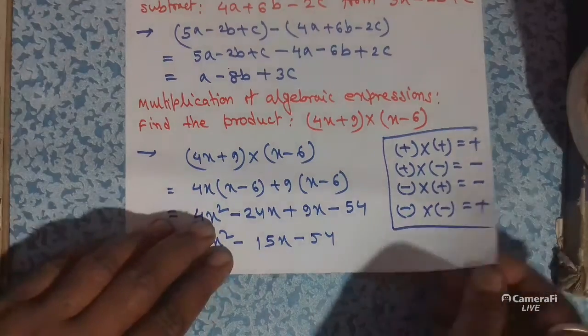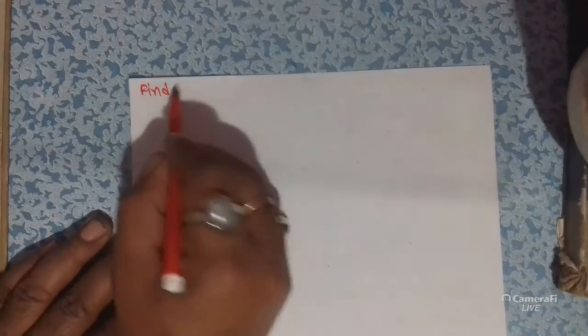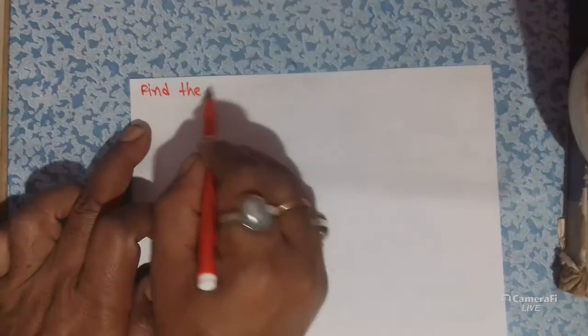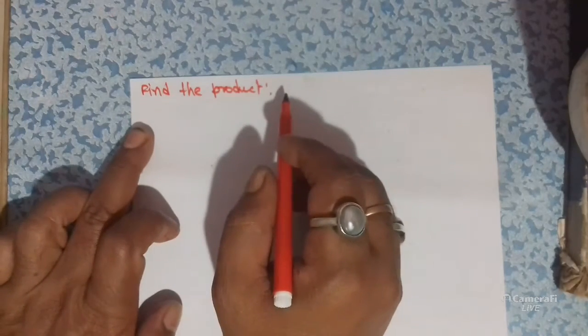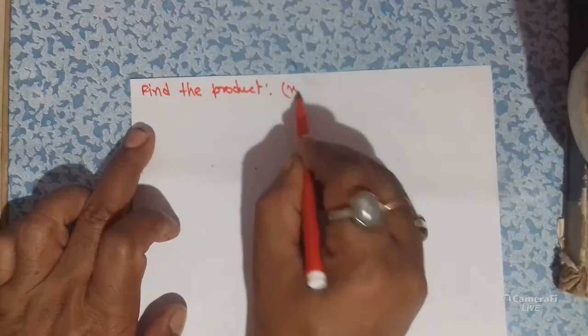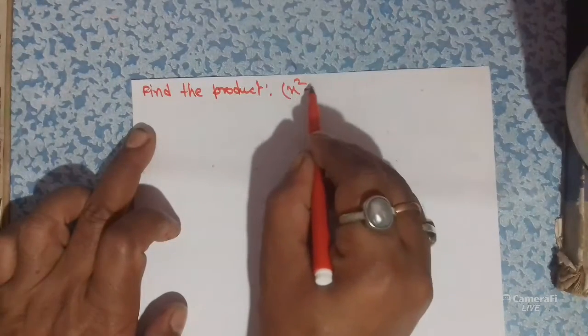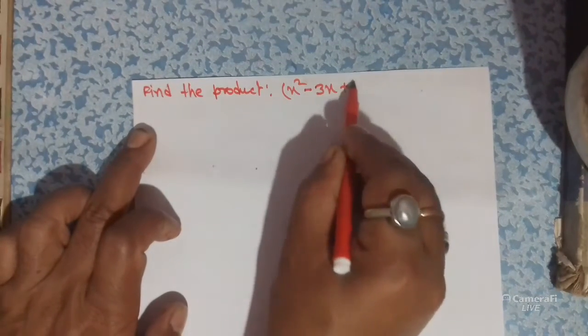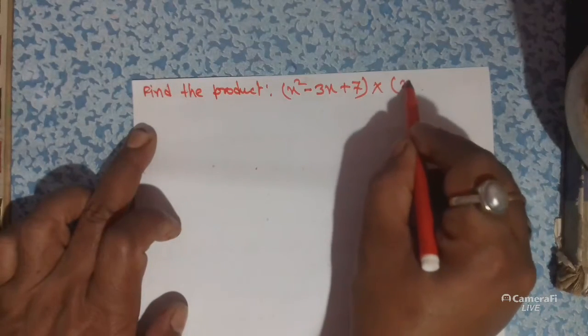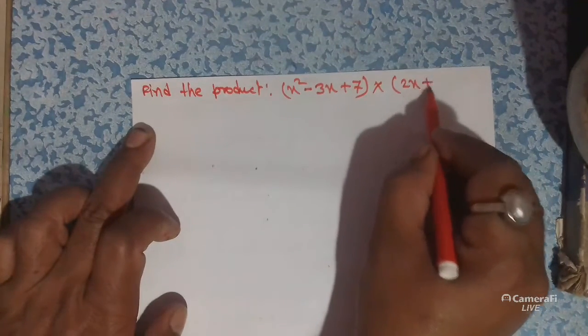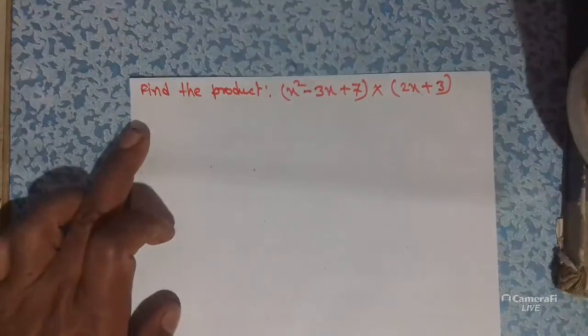Now I will show you another one. Find the product: x square minus 3x plus 7 multiply 2x plus 3.